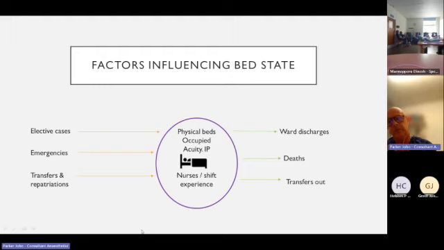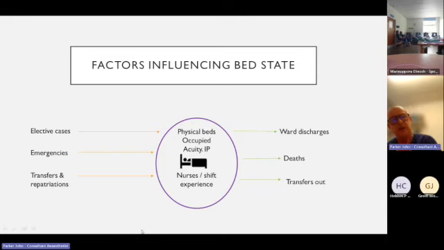So from there, on any particular day, there will be a number of patients that are maybe well enough to go to a ward and may be waiting for such a bed. There'll be some patients that die at the LRI. That is usually in the region of about 2 to 3 patients a week, so not usually every day, and rarely there might be transfers to another site or to another hospital.